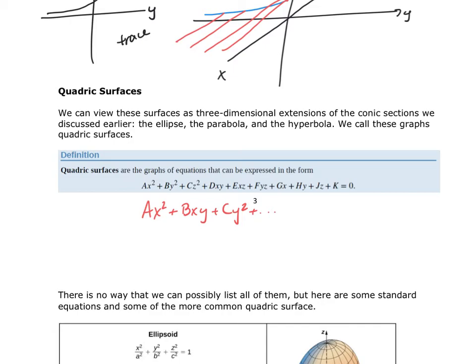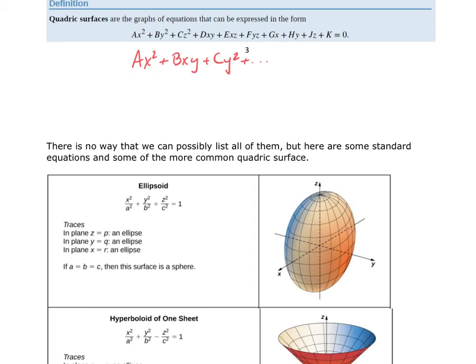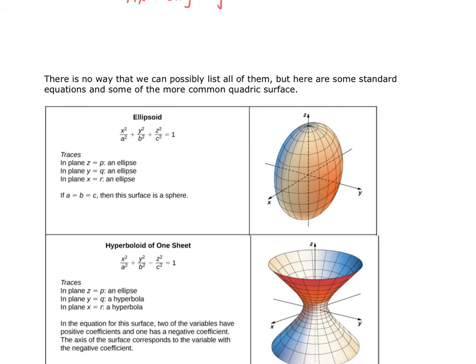There are so many surfaces that are available to us in 3 space. So we're just going to hit some of the big ones. The first one is an ellipsoid. Within an ellipsoid, we have a squared, b squared, and c squared. If a, b, and c are the same thing, then we have a sphere.